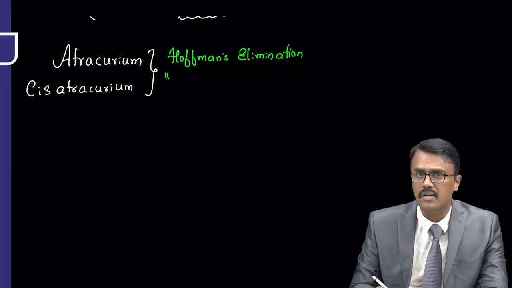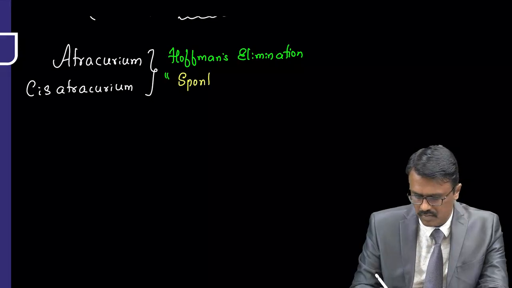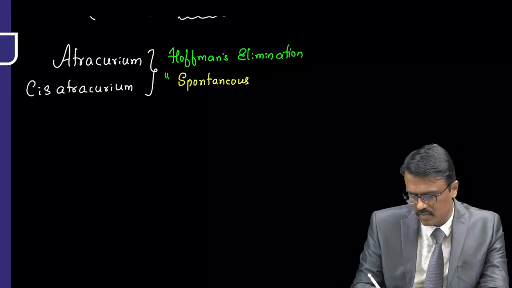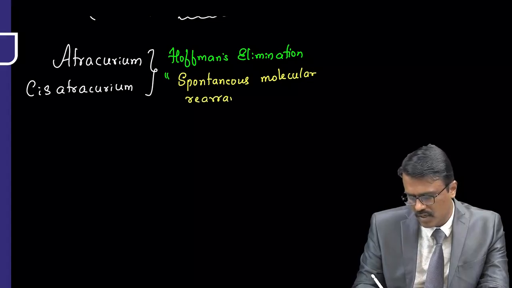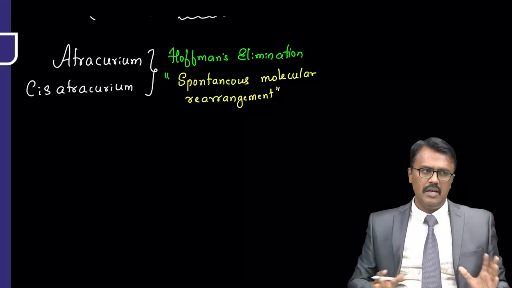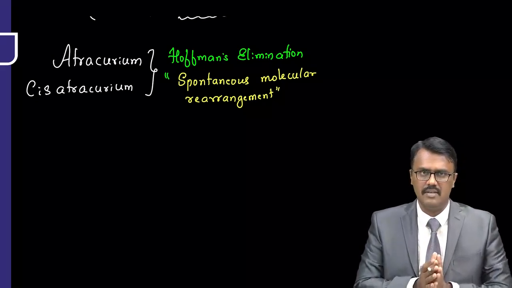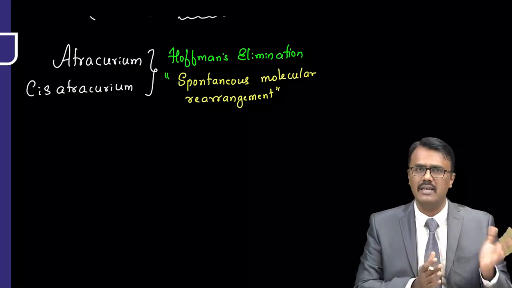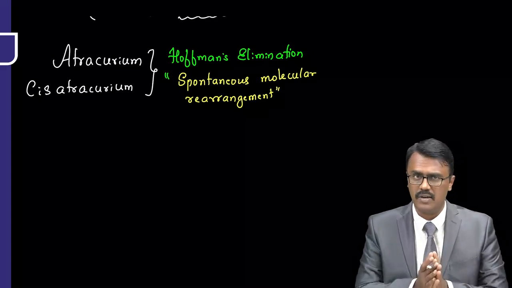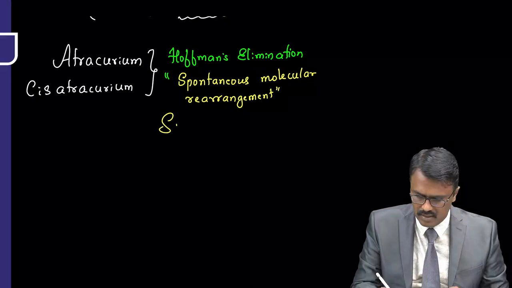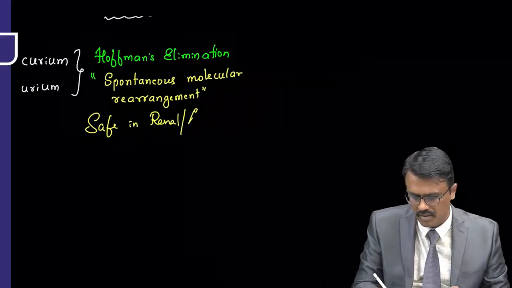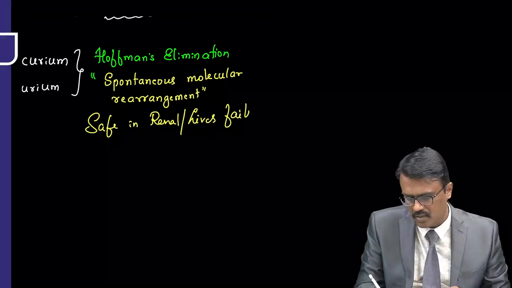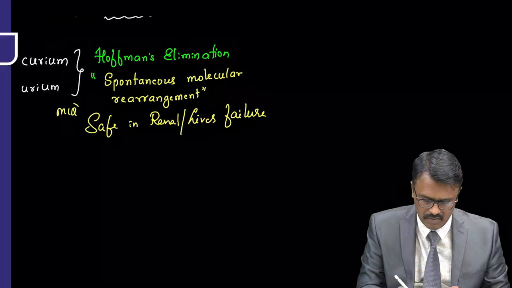In Hofmann's elimination, there is spontaneous molecular rearrangement of the drug. So it's a chemistry, don't worry about that. Now, this drug clearance, that means to throw the drug out of the body, doesn't depend on the kidney function or liver function. So what is the question you are expecting? These two drugs are safe in a patient with renal failure or liver failure. So this is a repeatedly asked question in your exams. Which is safer? Yes.